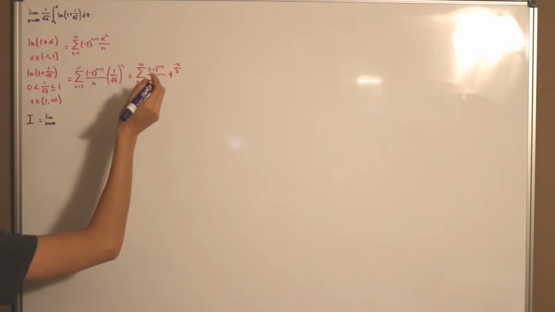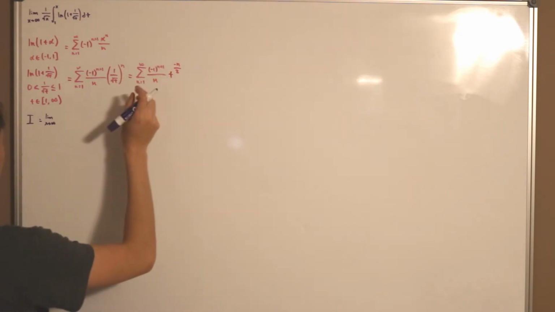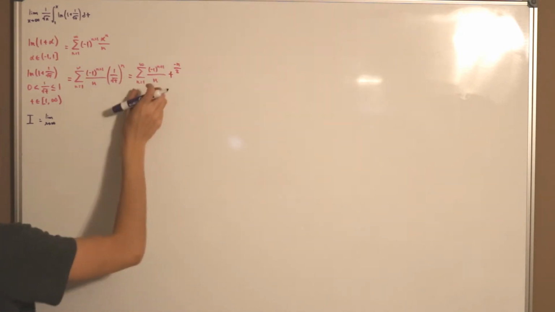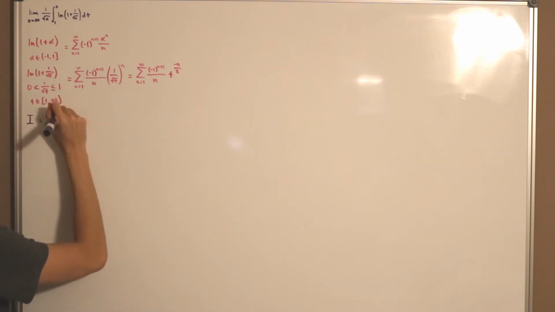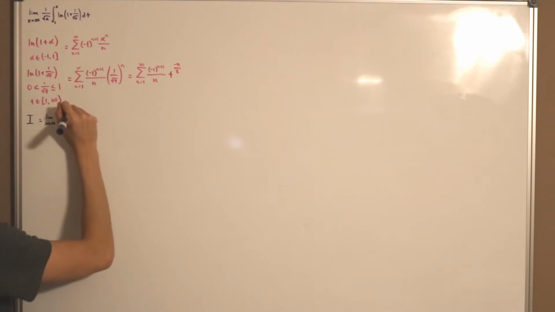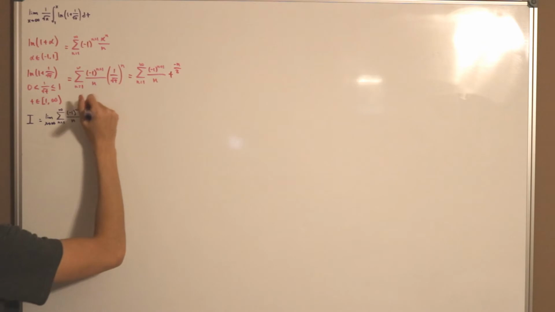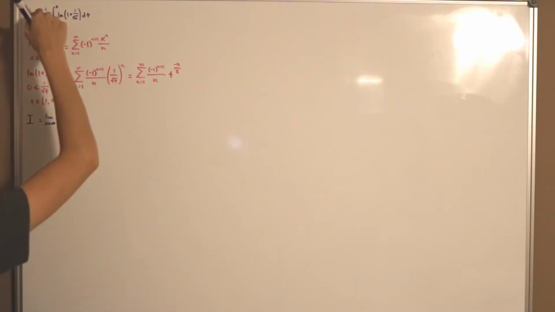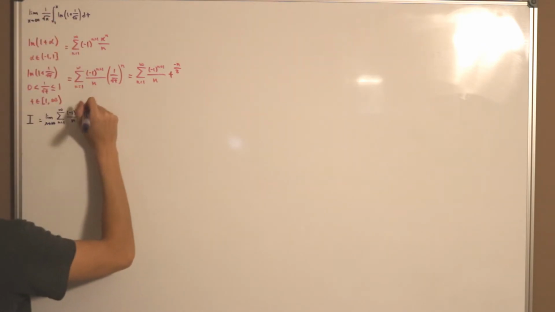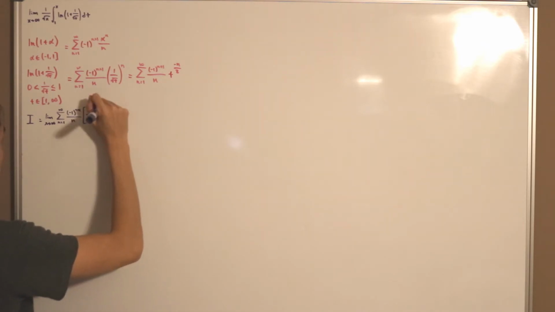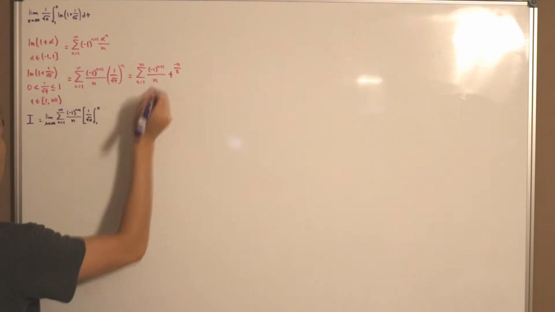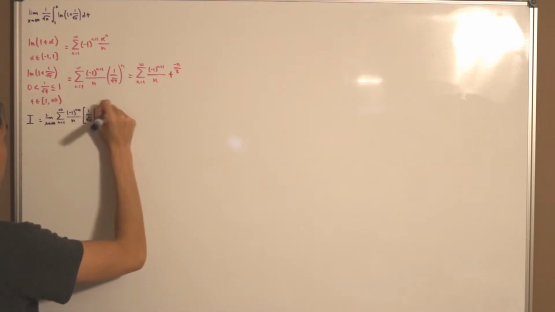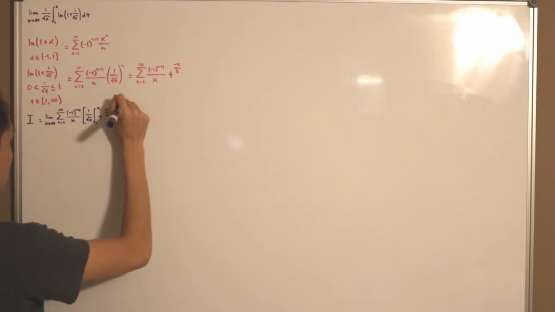Since we're using properties of sums, I'm going to move the summation outside, from n equals 1 to infinity, of -1 to the n plus 1 divided by n. Then with brackets, I'm going to distribute the 1 over square root of x inside, so 1 over square root of x times the integral from 1 to x of t to the -n divided by 2 dt, like so.